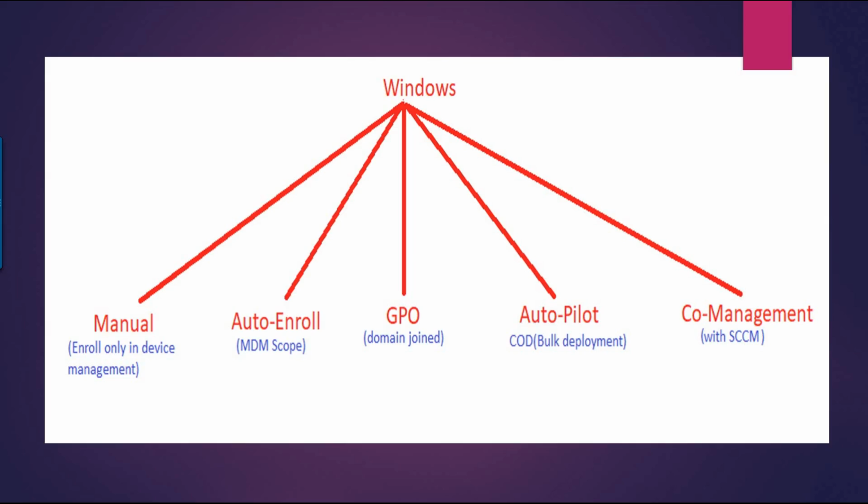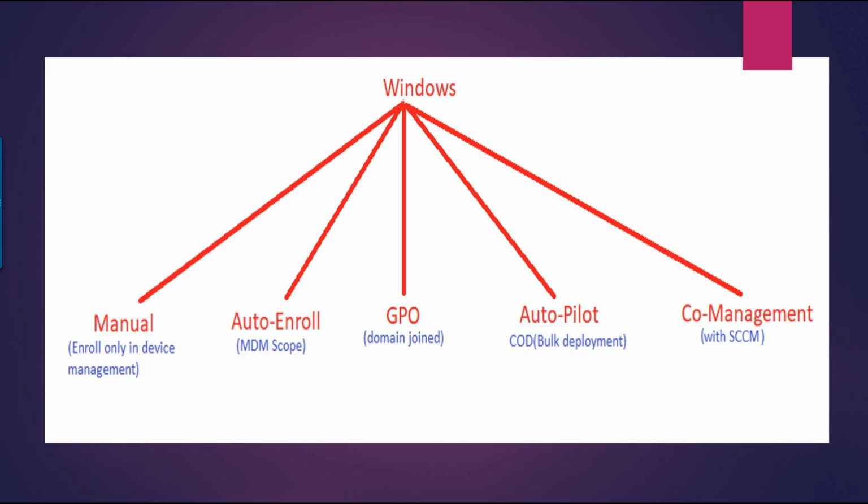The second way is auto enrollment. For auto enrollment, the end user has to go to Start, then Settings, Access Work or School. He has to click on Connect and enter his username and password. What happens is the device gets Azure AD registered.